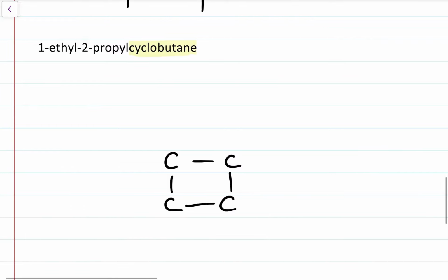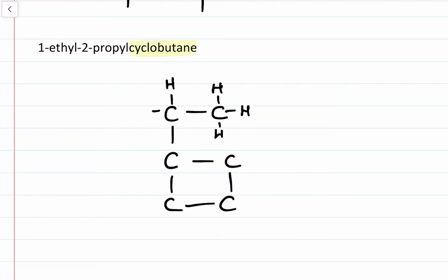There you go. There, we're going to draw that ethyl group. Fully expanded. So 2 hydrogens want to go there. There's my ethyl. Okay. And on 2, propyl.